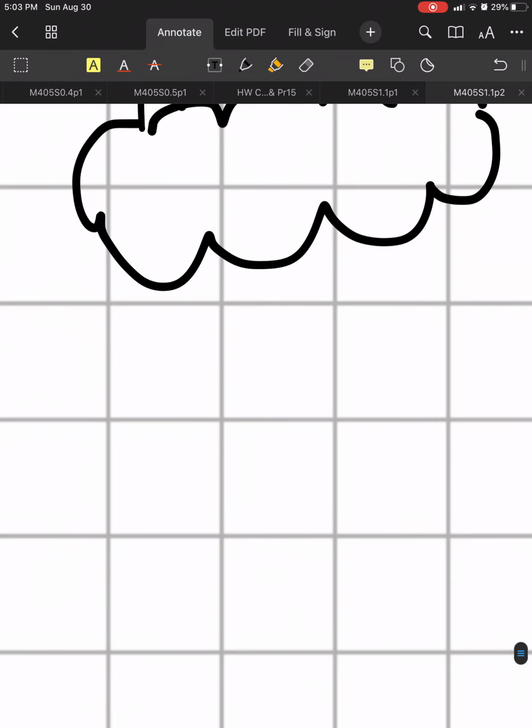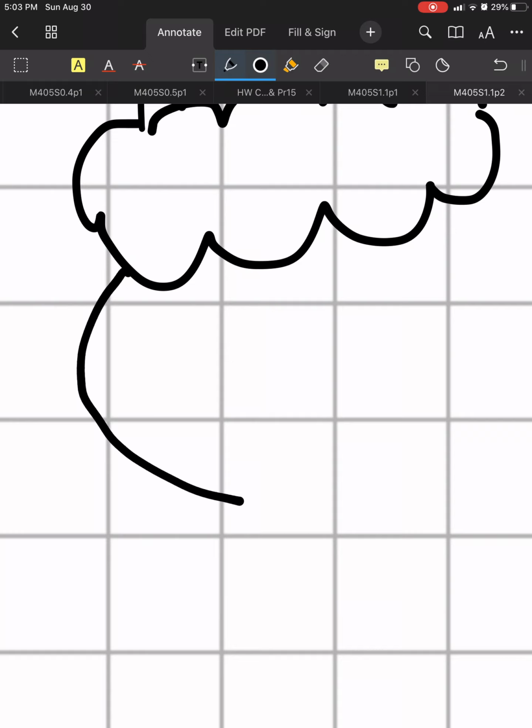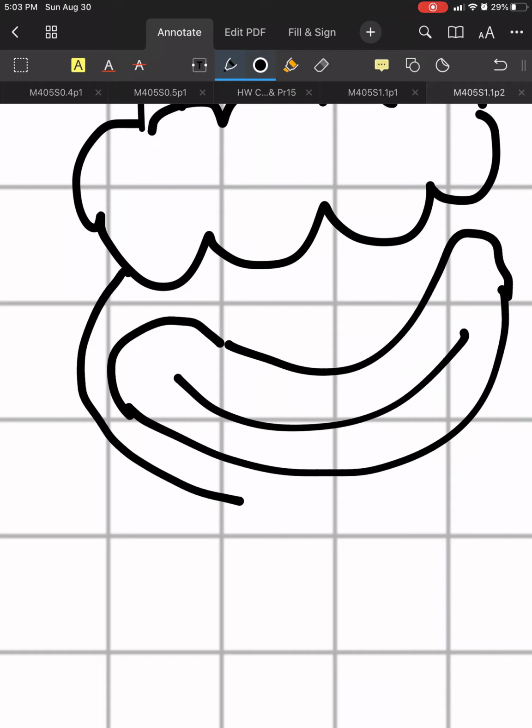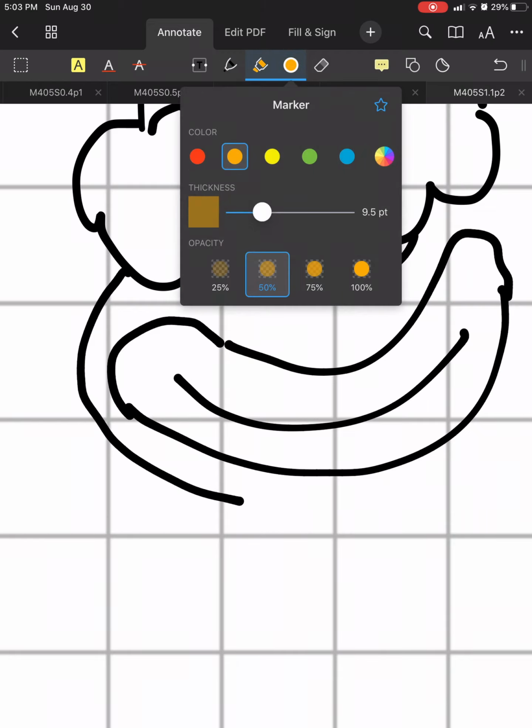I'll draw a little face here. Big pink nose.